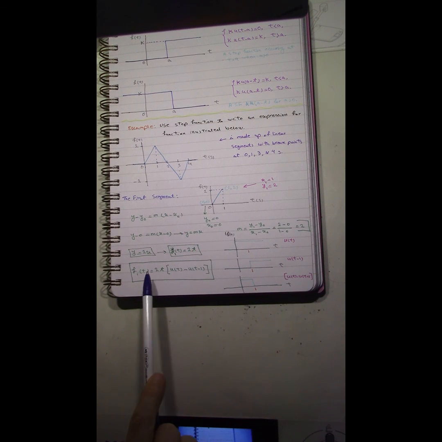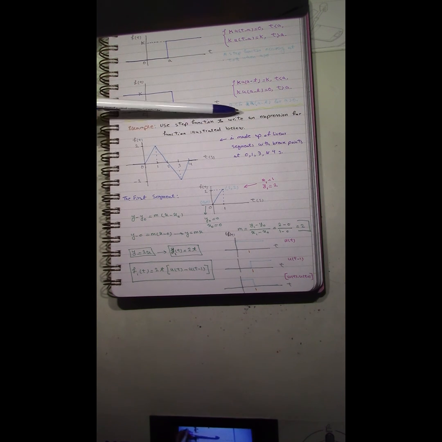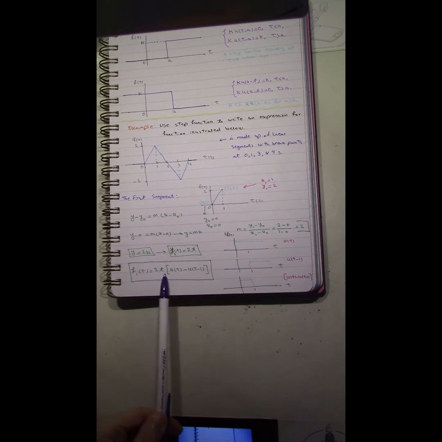Okay, f1 of t is 2t times u(t minus 1). Why? Because the question asks us to use the step function to write an expression for this function. So why did I write u(t minus 1) over here?